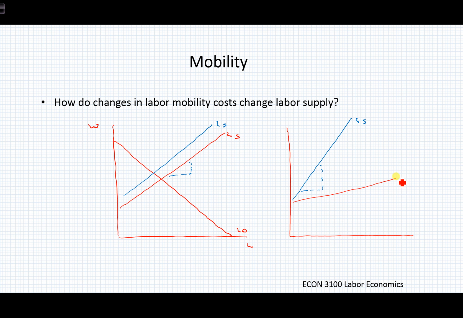Maybe it's much flatter, if we know that those job search costs plus some will be bonused to the employee if they make this move. So we can see that the greater the costs of mobility, the steeper the labor supply curve. If the costs of mobility are low, or are less than they might have been at just staying in place, then we can see that it might flatten the labor supply curve.